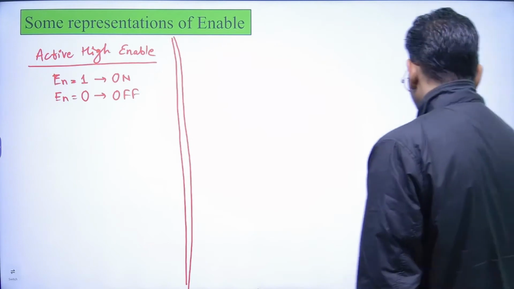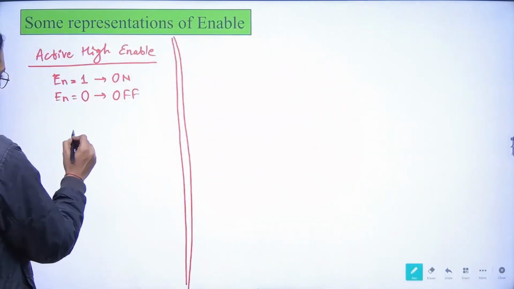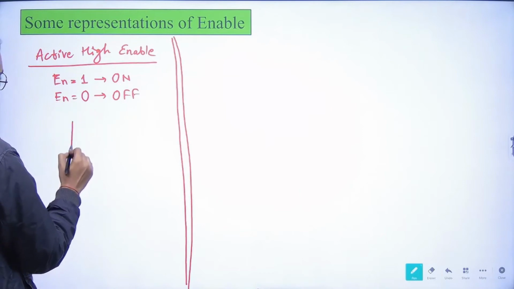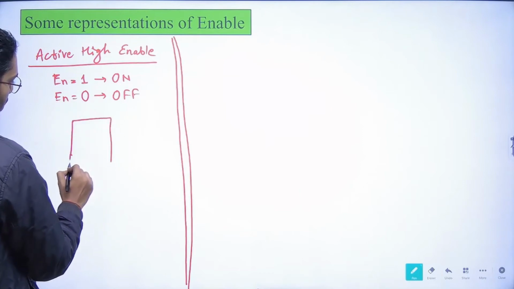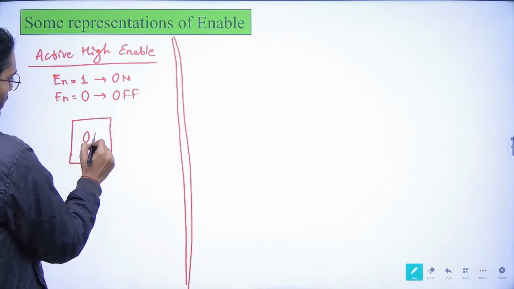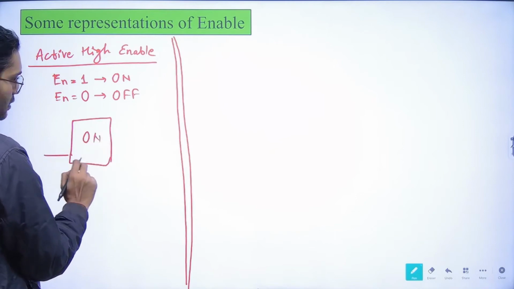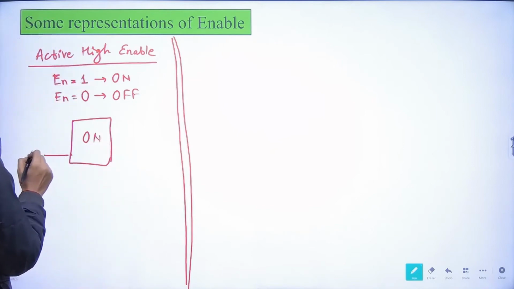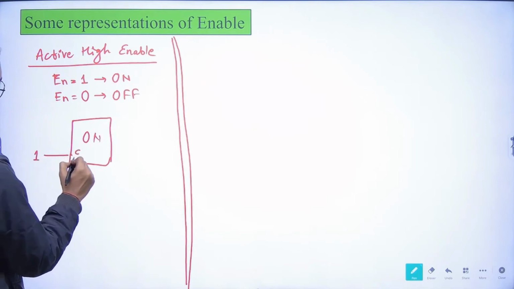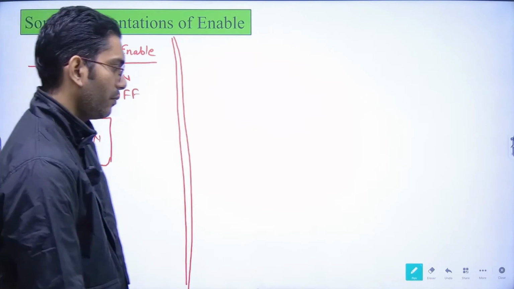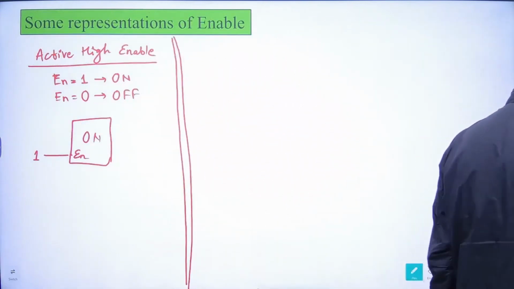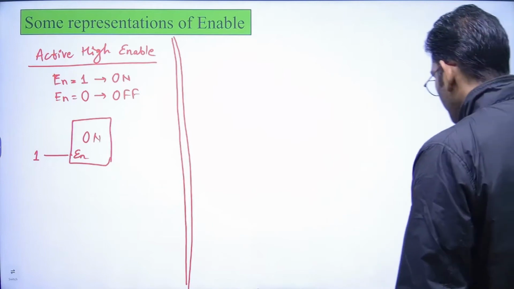So the basic representation of the active high enable would be, this is a MUX. It would be in the on state when it is written in this format. Means if something is written in this format, then it would be in the on state.